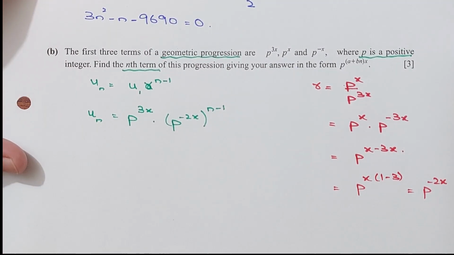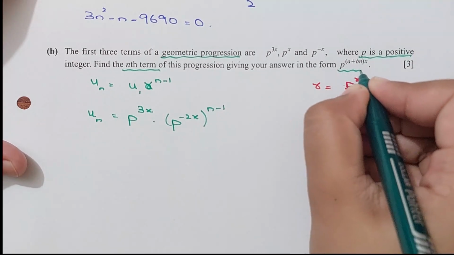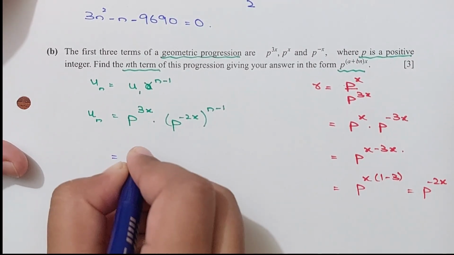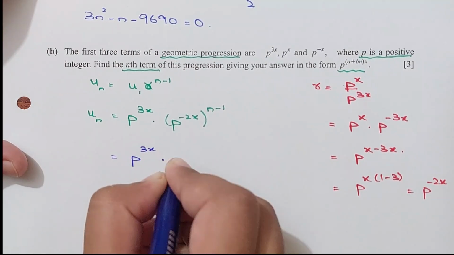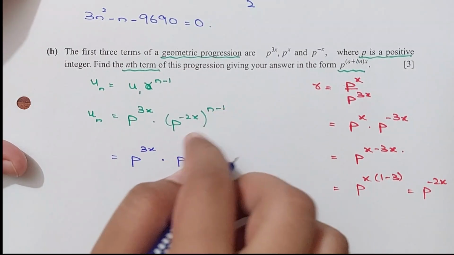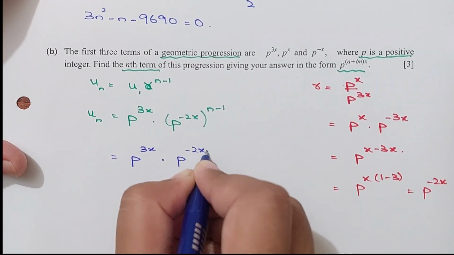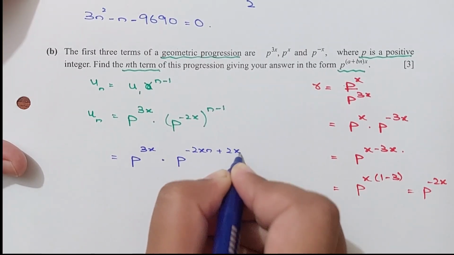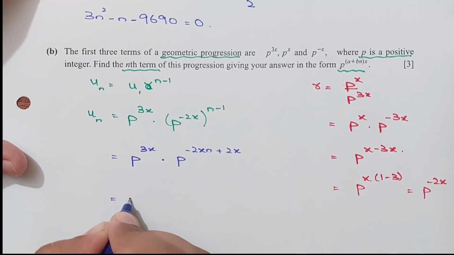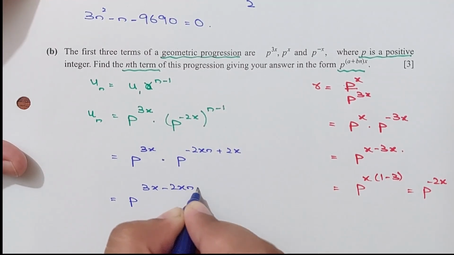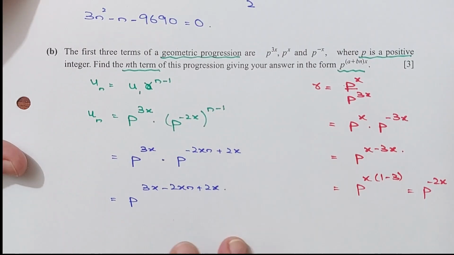Okay, now let me convert it into this form. p^(3x) times p^((-2x)(n-1)), which multiplies out to minus 2xn plus 2x. The bases are the same, so we add the powers: p^(3x minus 2xn plus 2x), right?